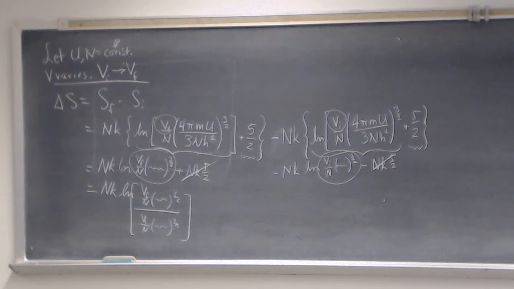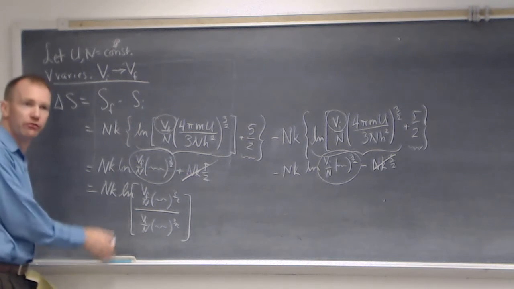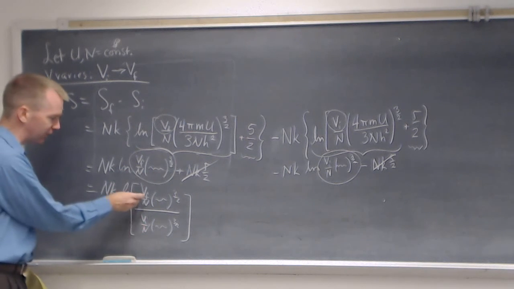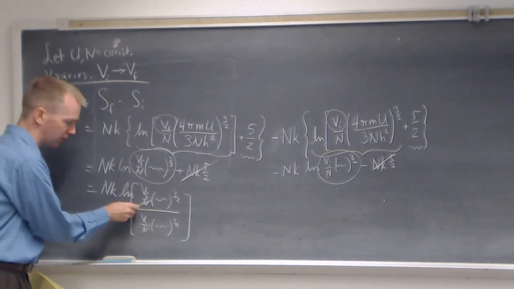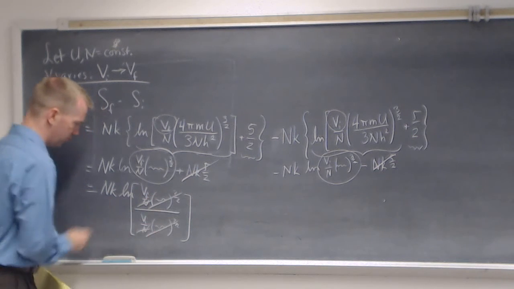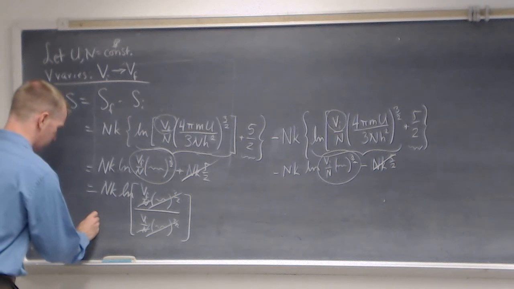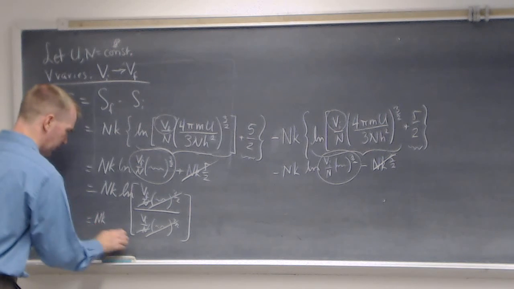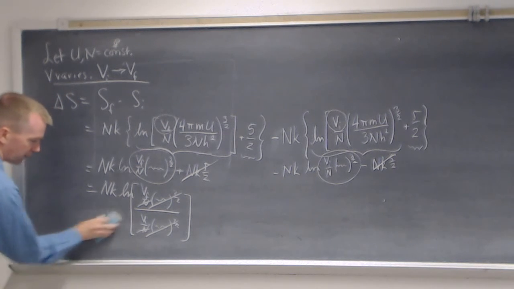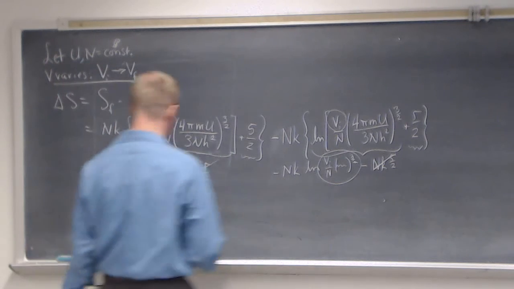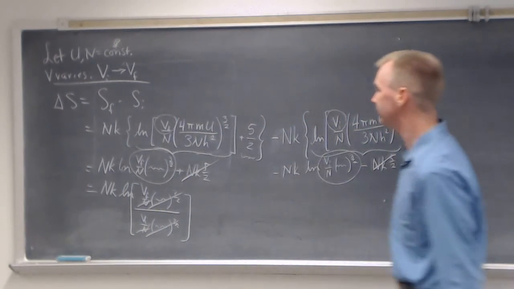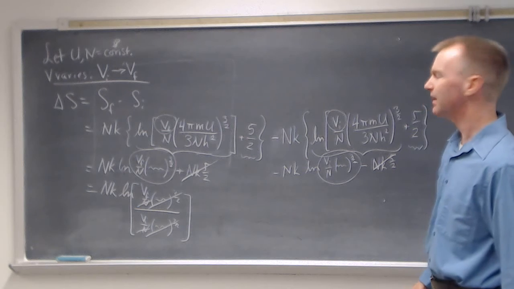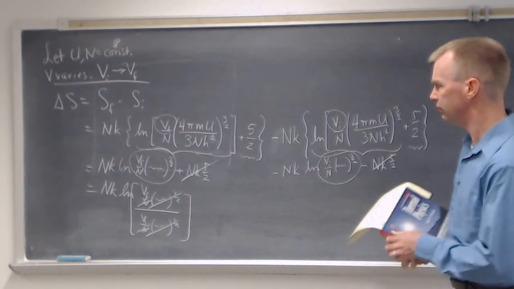There we go. Everything is the same in the numerator and the denominator except for V final and V initial. And of course I run out of room just when I'm at the bottom. I hate having to move it all over, but I'm going to.